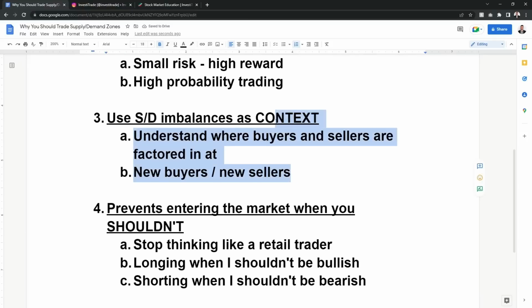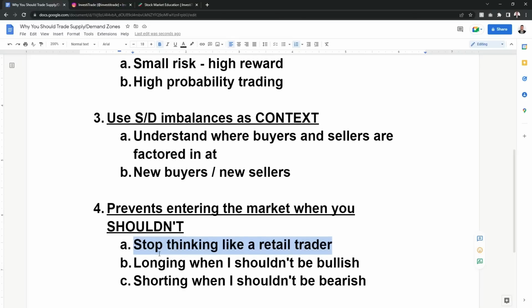Now, this goes hand in hand with number 4, because not only is it going to help us gain context and give us pieces to the puzzle to add together to come up with the story or the picture, but supply and demand zones also prevent me from entering the market when I know I shouldn't be entering. If 90% of retail traders fail, do what they don't do.